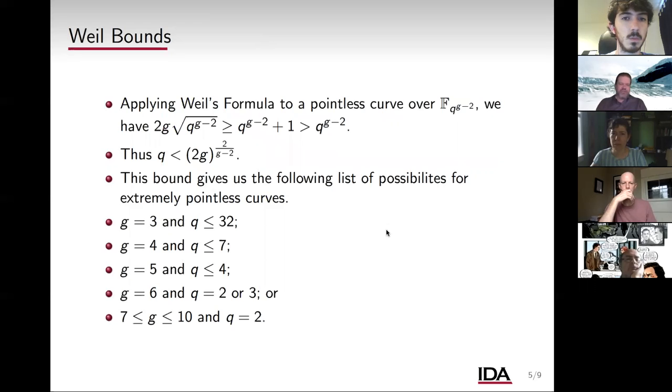There's a fair number of cases to consider for G equals 3, 4, 5, and 6, a lot fewer, and 7 through 10, you're only looking at binary curves, and beyond 10, there aren't any. So when we entered this, some of this was known and some of it wasn't.